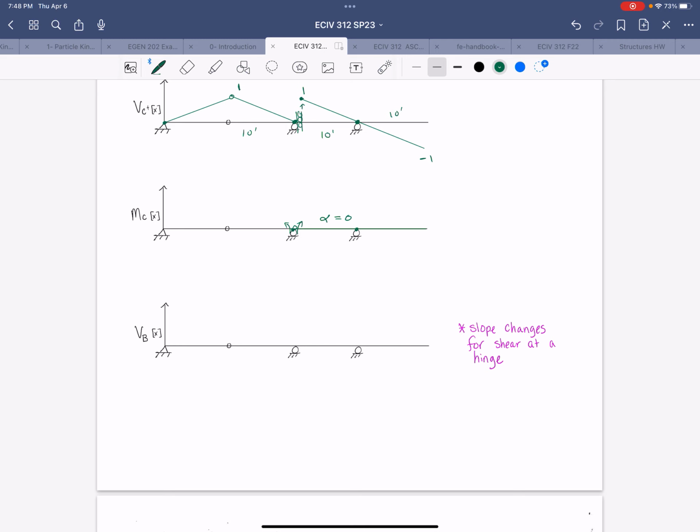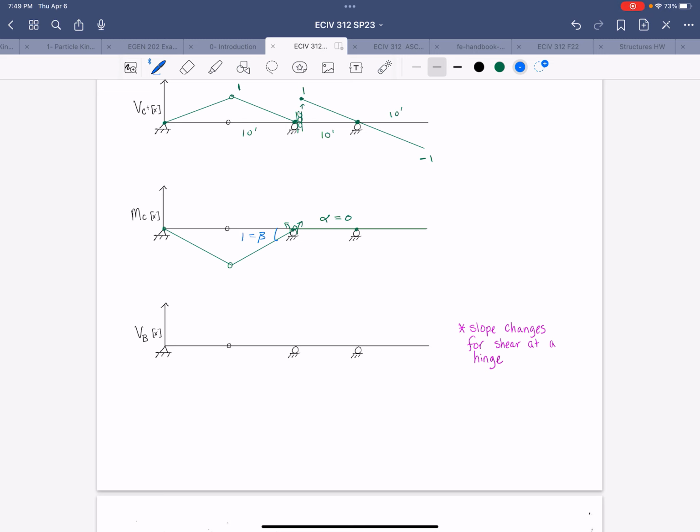So the left side of the hinge is going to have the full unit rotation, and that counterclockwise rotation will force the beam to deflect downward on that side. So it will deflect downward until it reaches the hinge at B, and then change slope to meet the support condition at A.